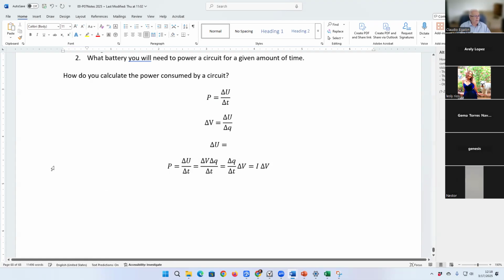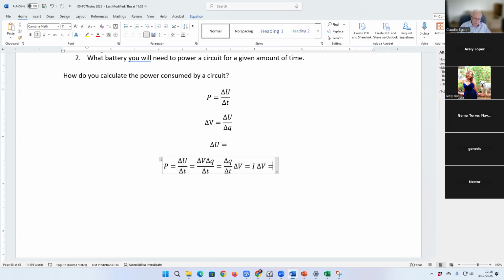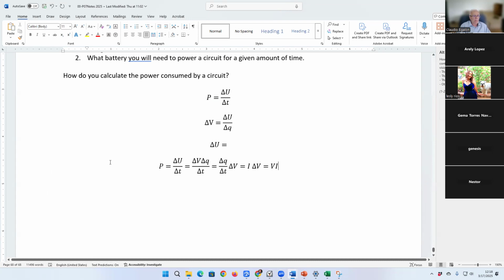We're going to simplify this equation just by calling delta V equal to V. So the power is VI, like that, VI.